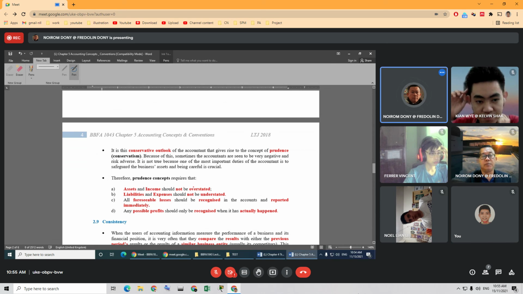How do you apply this? Meaning, if that item is an estimate and you categorize it as an asset or income, we don't provide, because if you provide that estimated value, then it is overstated. But if it comes to liability and expenses, it should not be understated.